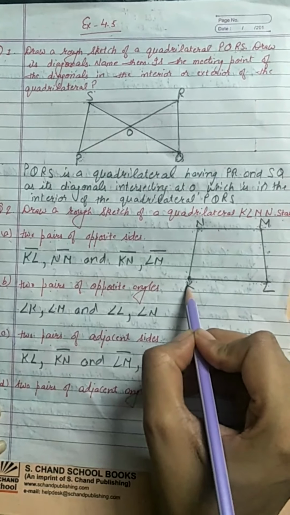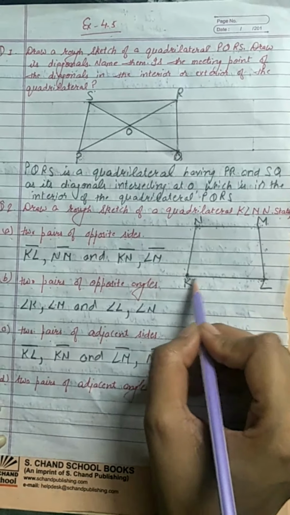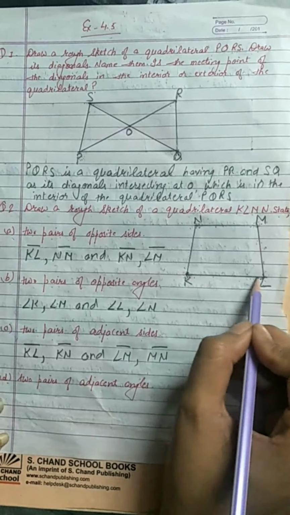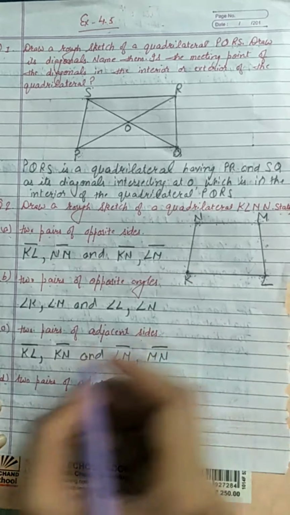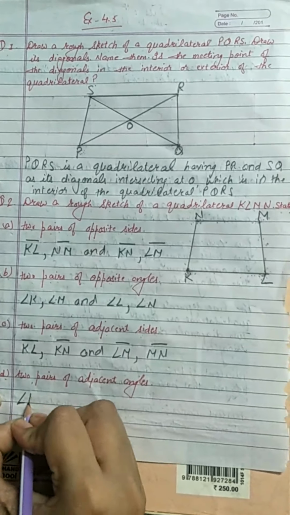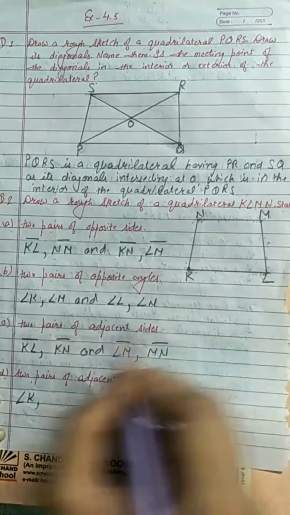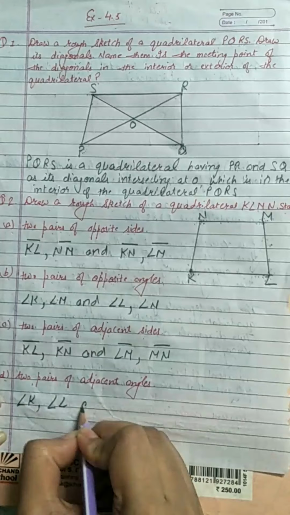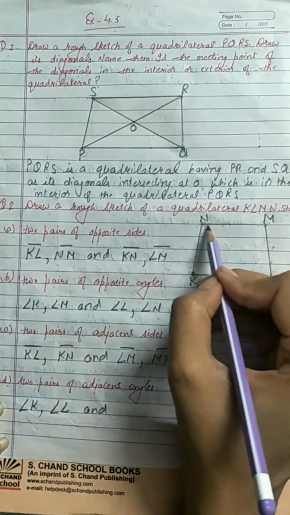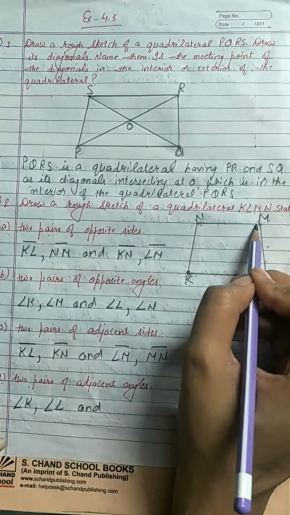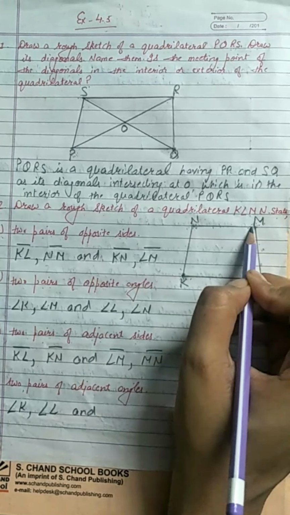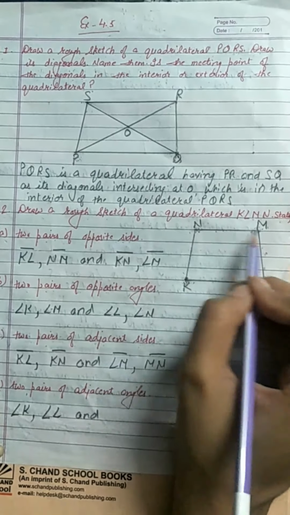You can see angle K, angle L are adjacent. Why? KL is a common side of these two angles. So the first pair is angle K, angle L. Now we have to write one more pair. Angle N and angle M we can write because NM is a common side of these two angles.